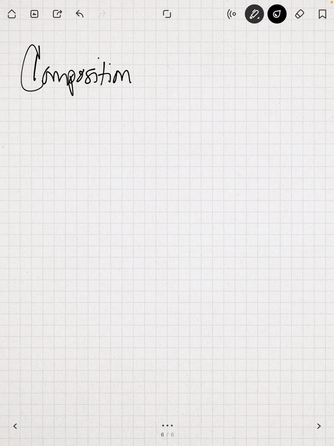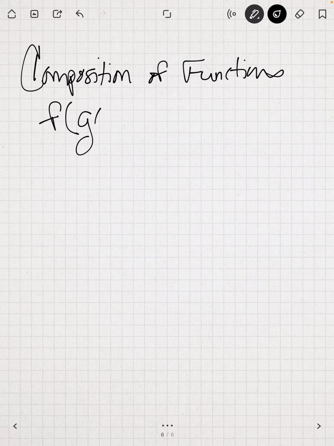Composition of functions. This is where we're going to talk about not some f of x and a g of x, but we're going to look at nesting a g of x inside.